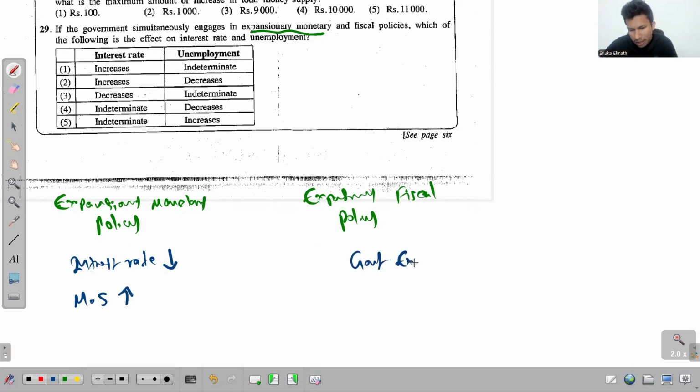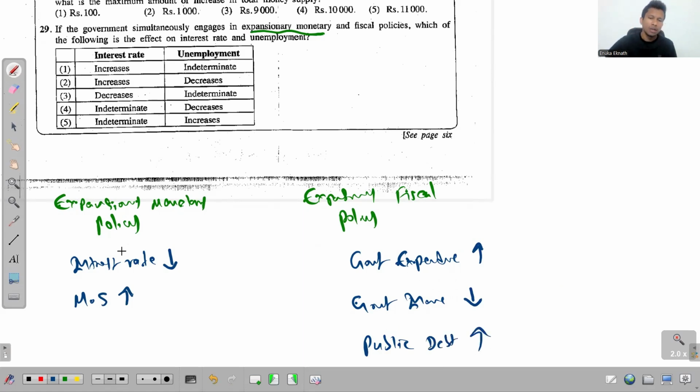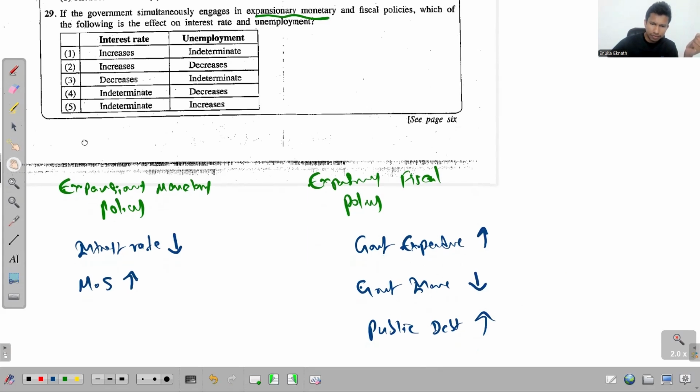Government expenditure is very high, and then government income is somewhat lower. And see that now, if expenditure is higher than the income, definitely the government will have to borrow money. So public debt may increase. So this is what will happen.